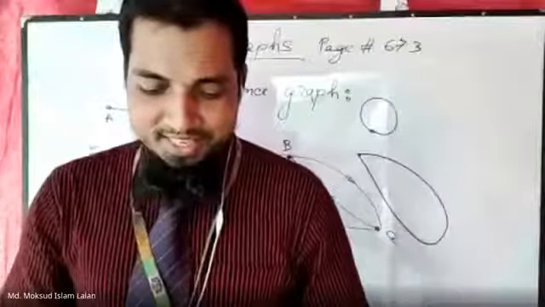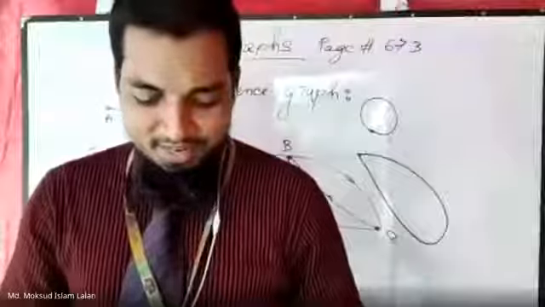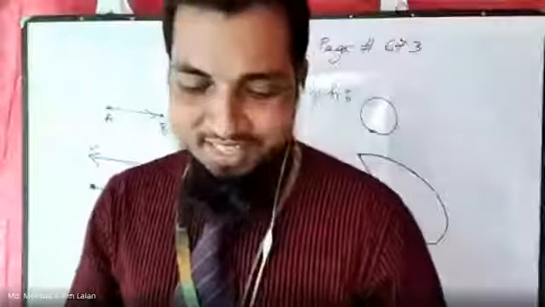Sir, number 3 is a finite graph, a simple graph, and also called an undirected graph, sir. Number 4 is a multiple graph, sir. 6, 7, 8, 9. Many questions. Yes, sir. That's all.